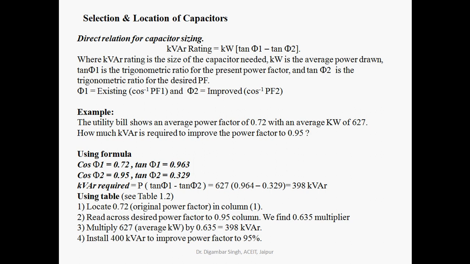Now using the table for power factor relation for selection and location of capacitor, locate the 0.72 original power factor in column 1, read across to the desired power factor 0.95, and we find a multiplier of 0.635. So multiply the 627 average kilowatt by 0.635, that means 398 kVAR.